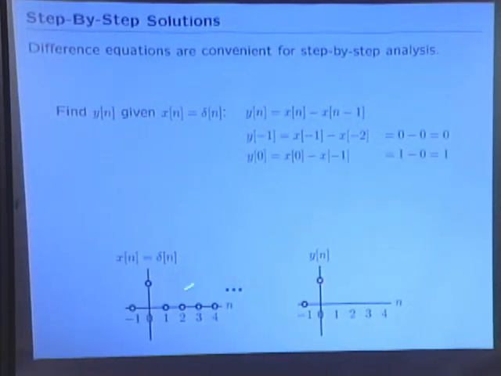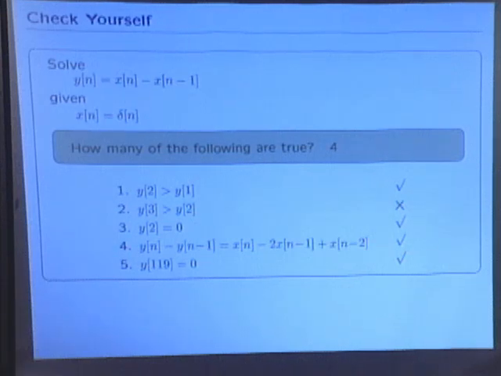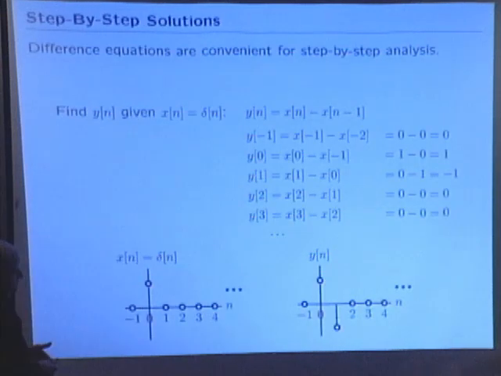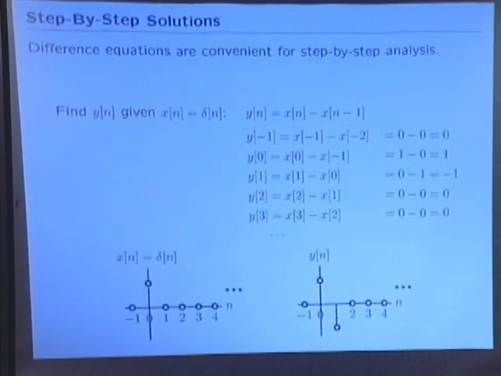If I look at the output at time 1, the time 0 input is 1, the time -1 input is 0, so my total answer is 1, etc. Right? This is very straightforward. It's just plug and chug. And what you see is a waveform from which it's pretty easy to infer that y2 was bigger than y1, bigger in a math sense.